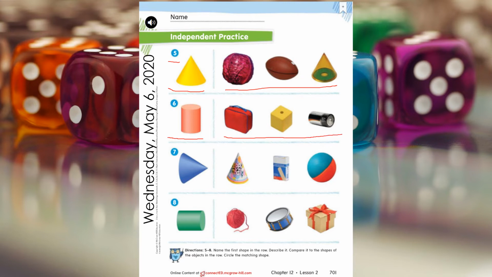Find the cylinder. Number 7 is a cone. Find the cone. And number 8 is a cylinder. Which one of these is a cylinder?